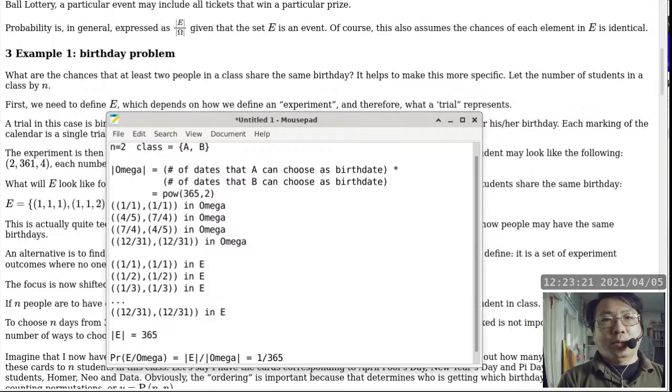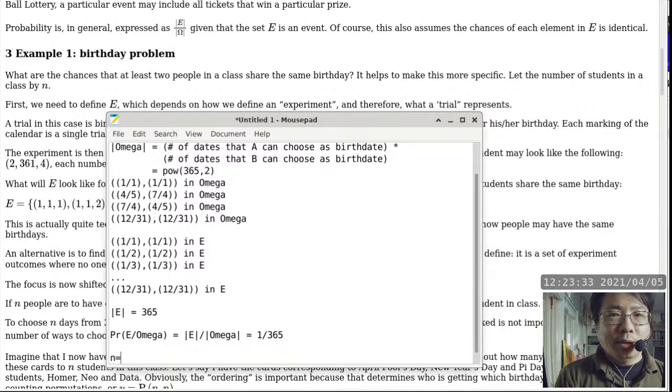That's pretty easy to work with, right? Yes? Okay. So now we think about, what about in the class of 3 people?